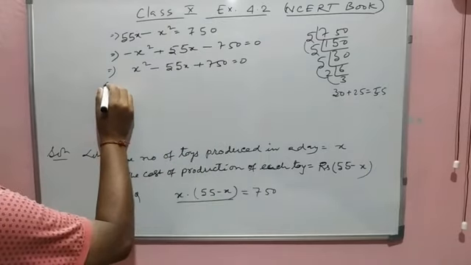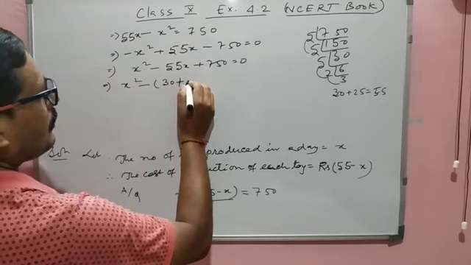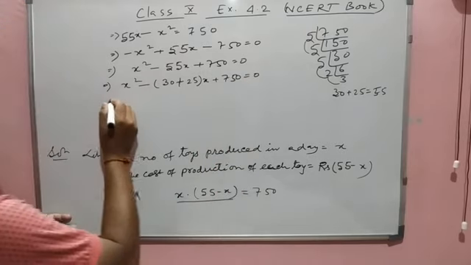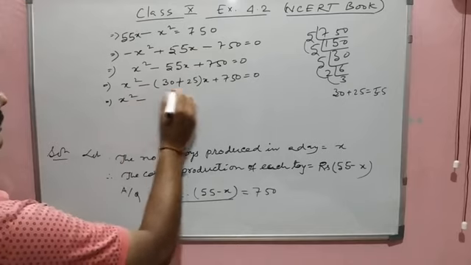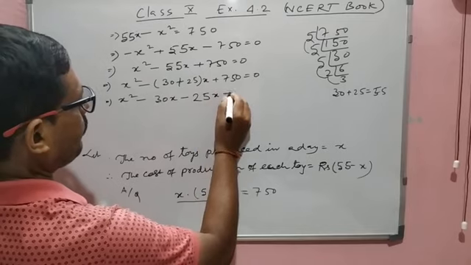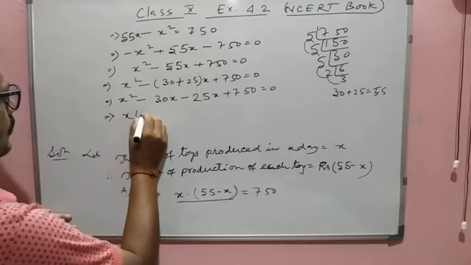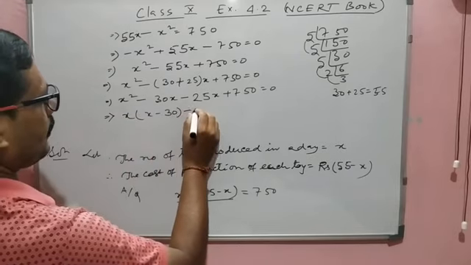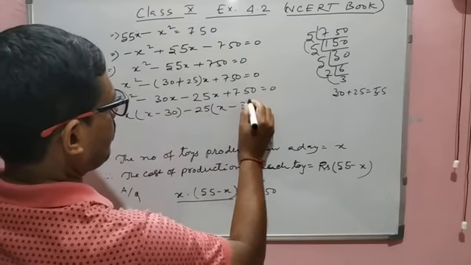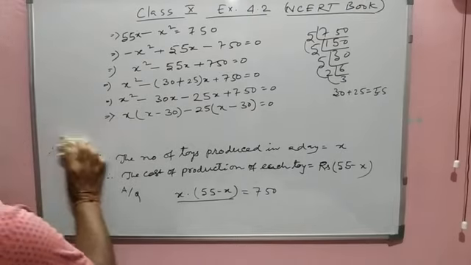So I can apply middle term factorization: x square minus 30x minus 25x plus 750 equal to 0. Now x into x minus 30, minus 25 into x minus 30 equal to 0.